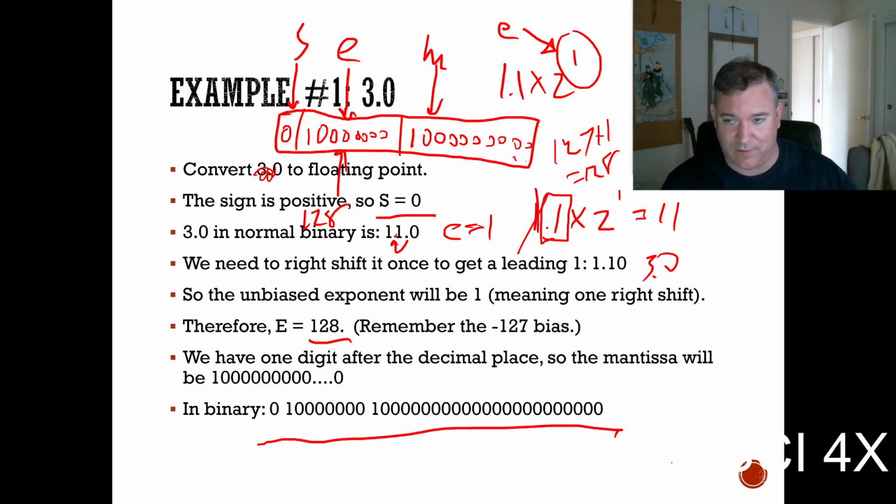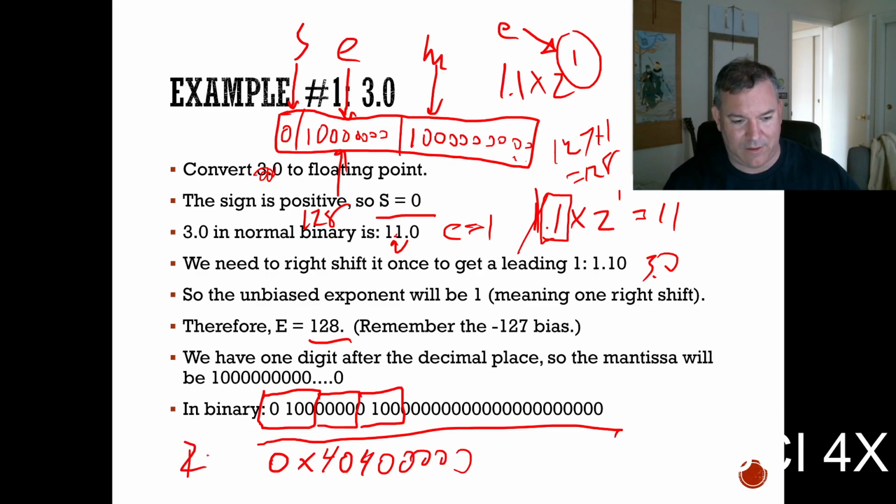Right, because GDB would actually display this, like if you were displaying the register values in hex, GDB would display this as 4 0 4 0 0 0 0 0. So in GDB it would display it like this, and you're like, I thought it was supposed to be holding the number 3 and it's holding the number 4. It's 404. What the hell? I don't even know what's going on here, right?